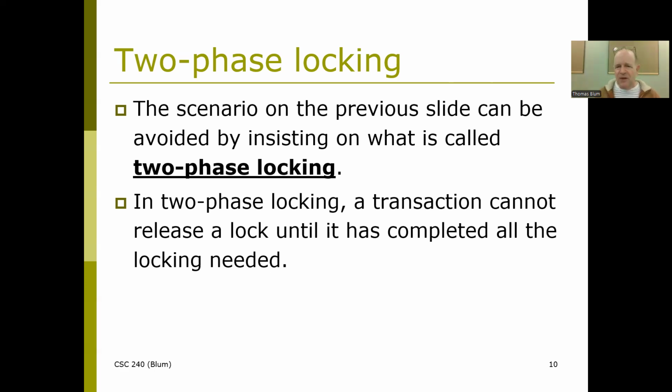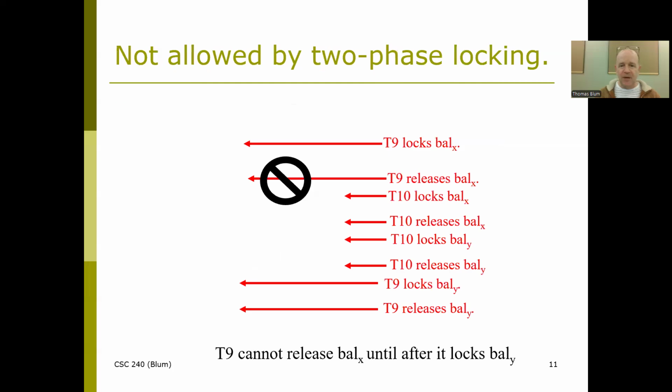So you request all the locks that you want. We call this a growing phase. We're locking more and more things up, and then when we've reached the stage where we've done what we needed to do, then we can start releasing.